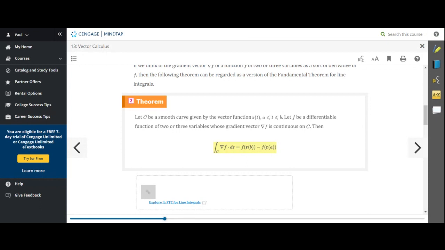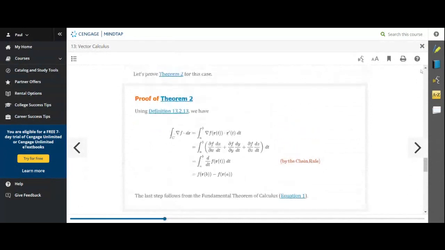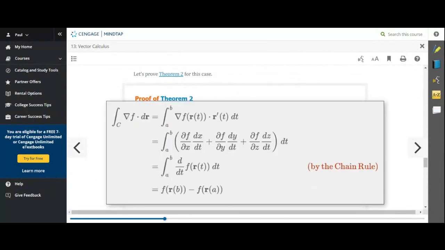Here we go. So the integral of the gradient dot dr vector. Well, the gradient of the function is just the gradient of f of r of t, and dr vector is just r prime of t dt.